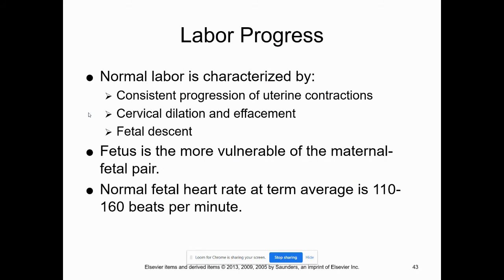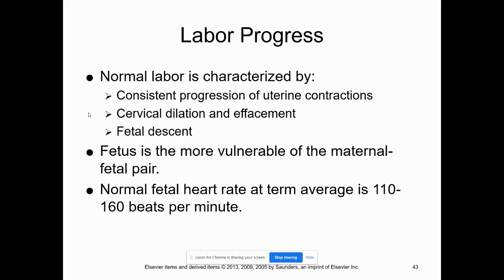So normal labor, by definition, is characterized by consistent progression of uterine contractions, cervical dilation and effacement, and fetal descent. The fetus is the most vulnerable partner of the maternal-fetal pair, of course, because it's immature and it's totally reliant upon mom's status to physiologically support it.